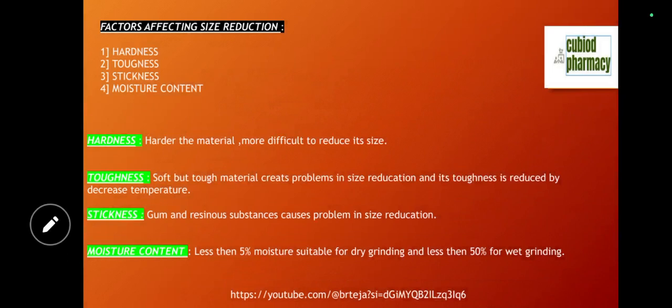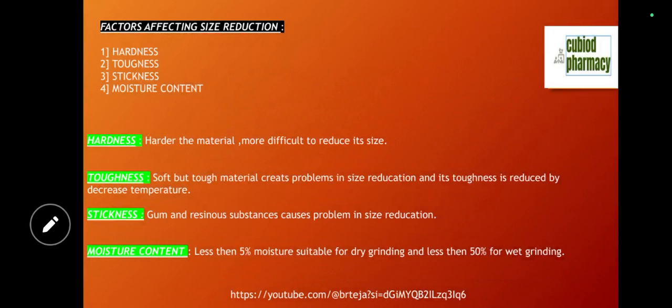So hardness, toughness, stickiness and moisture content are all factors affecting size reduction.